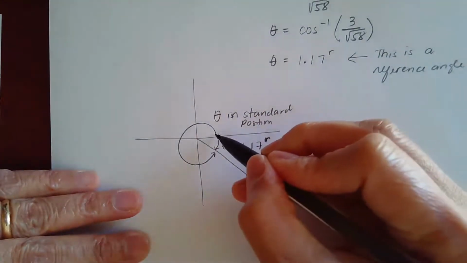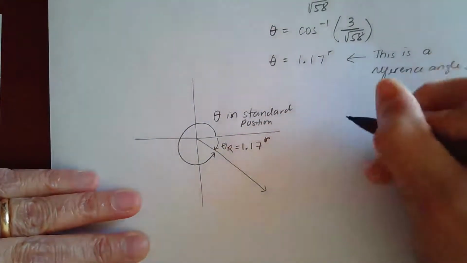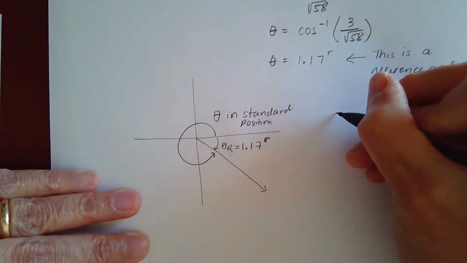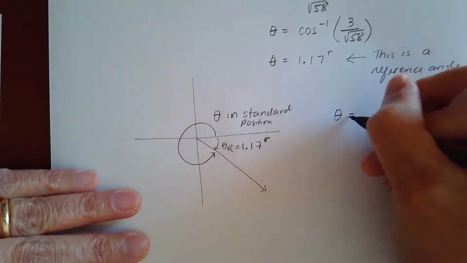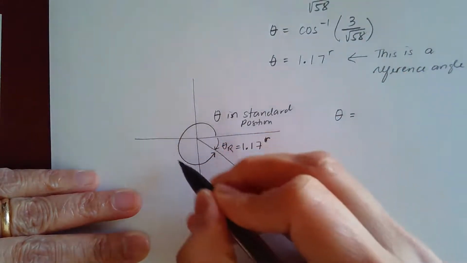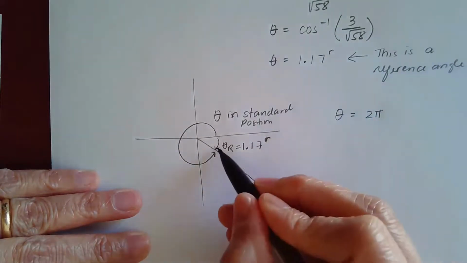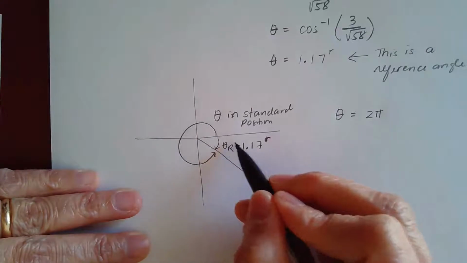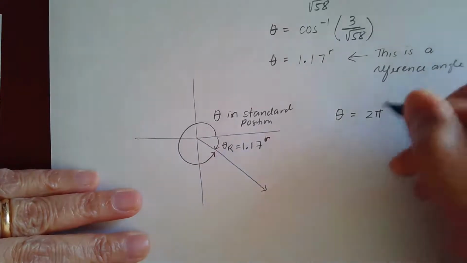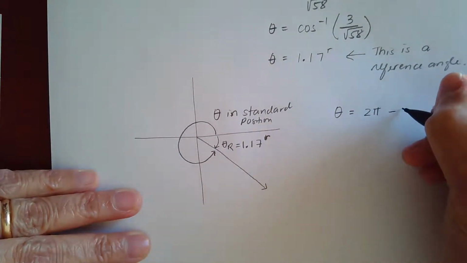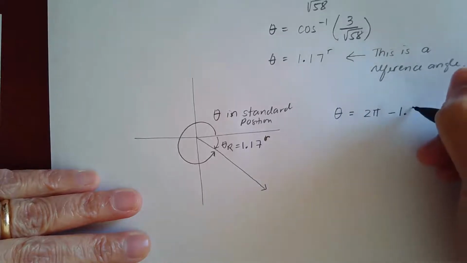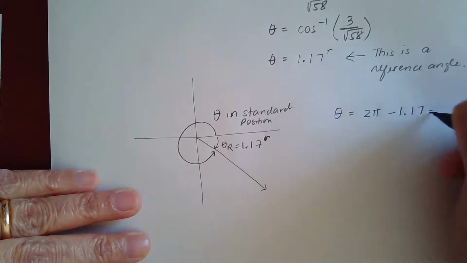So how do we know from here to there? Theta is equal to, if we go all the way around, 2 pi. But then we don't really go all the way around. We stop right here, so we have to take away the reference angle of 1.17 radians.